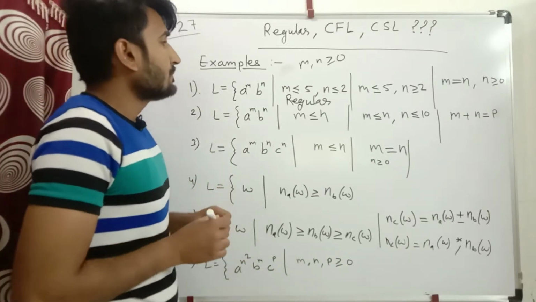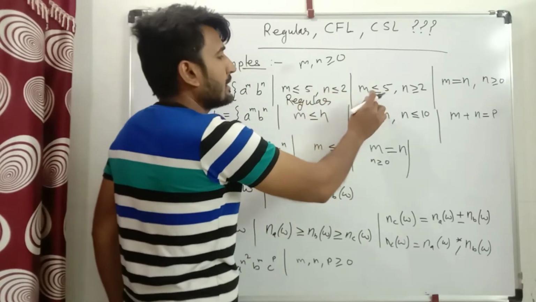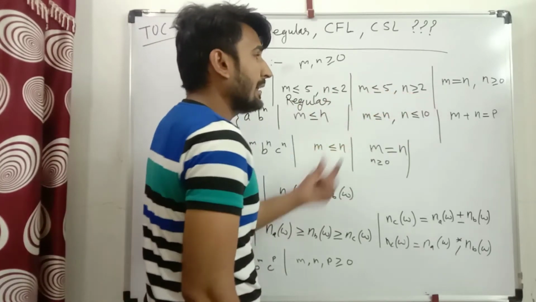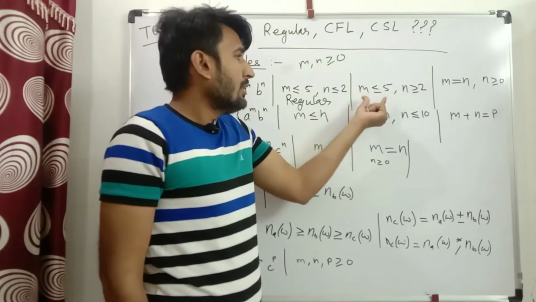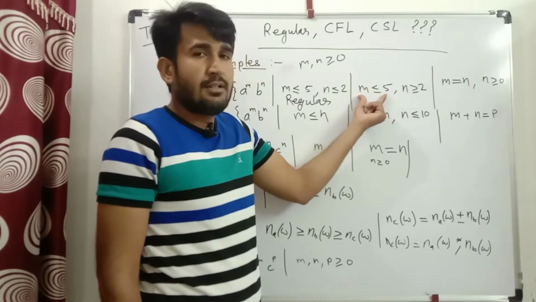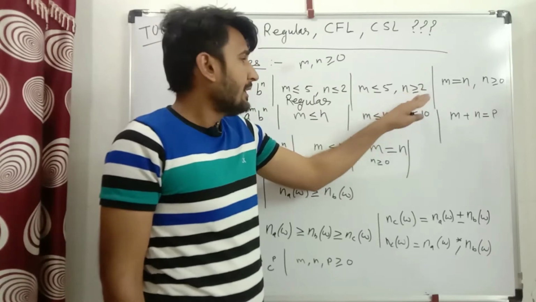Next point: if the given condition is m less than or equal to 5 and n greater than or equal to 2, tell me, there are two portions. The first portion is finite, but the second portion is infinite.